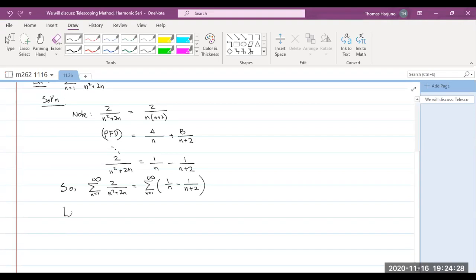Now let s sub I equal the ith partial sum from 1 to I of 1 over n minus 1 over n plus 2.